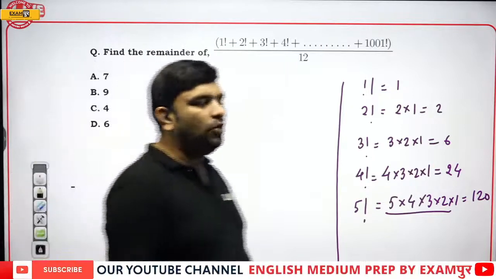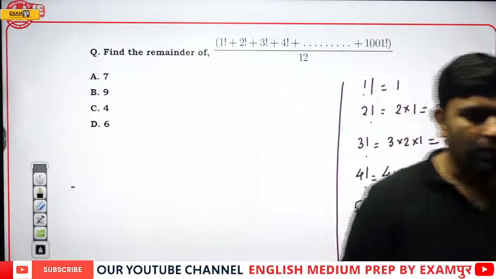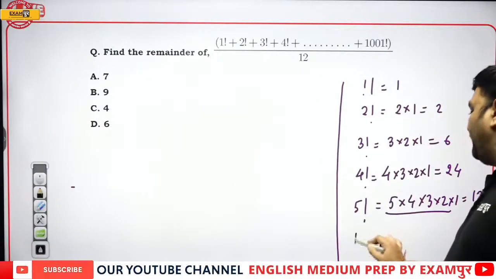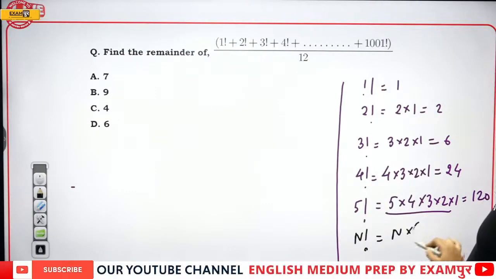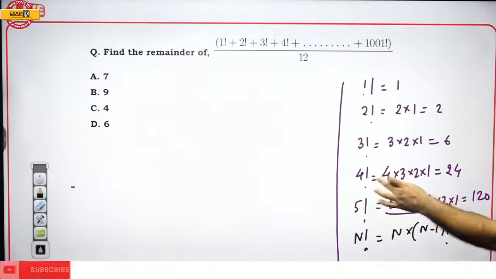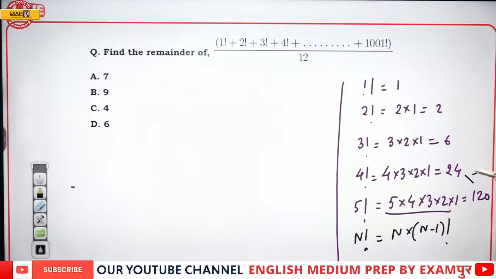You can find out the next factorial by multiplying n by (n minus 1) factorial. If I multiply by 5 in 4 factorial, I will get 5 factorial. If I multiply by 4 in 3 factorial, I will get 4 factorial.